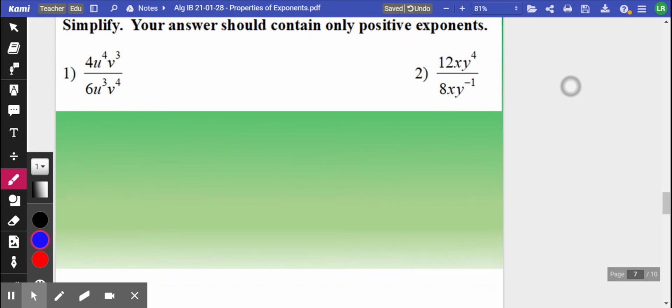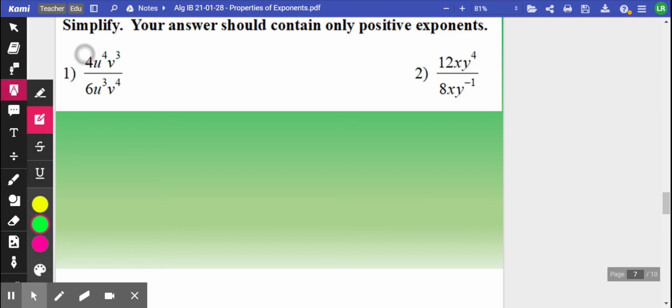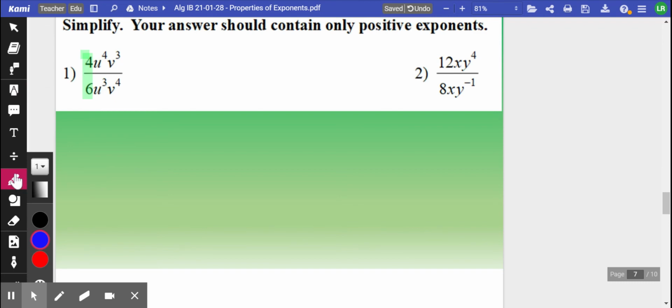Here's our first one. So we have 4u to the 4th, v to the 3rd, over 6u to the 3rd, v to the 4th. Now, again, it's important that we are separating our information. This part right here, the numbers are not exponents.